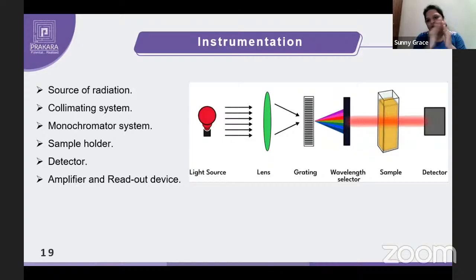So it is like a combination, right? First you have a lens, then the monochromator, again a lens, and then a slit. You will understand once we go into detail about the instrumentation part. Then the lens, grating, and wavelength selector all come under the collimating system and monochromator system together. Then the sample holder, detector, and finally the amplifier and readout device.